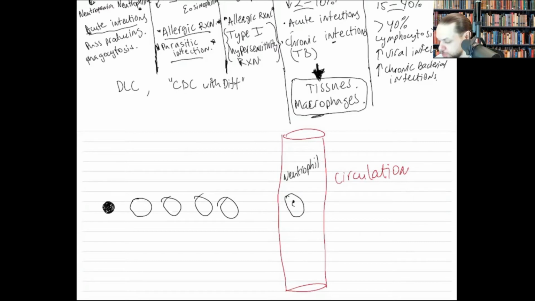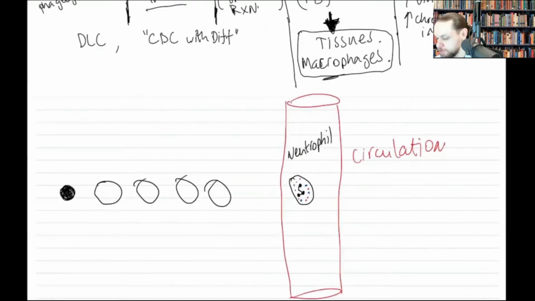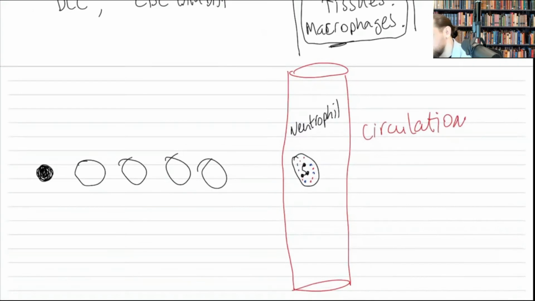It has the multilobed nucleus. It takes the basophilic stains. It will take the eosinophilic stains. Once it comes to the blood, its lifespan is not so long. In the blood, they may live for several hours before they get degraded and broken down.